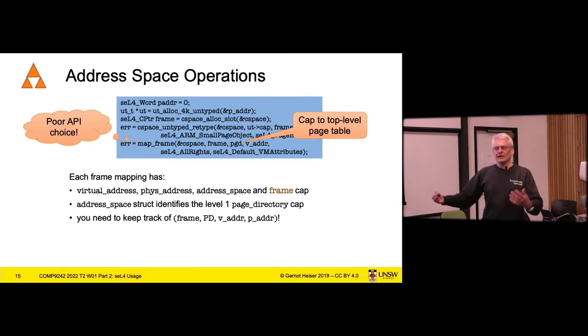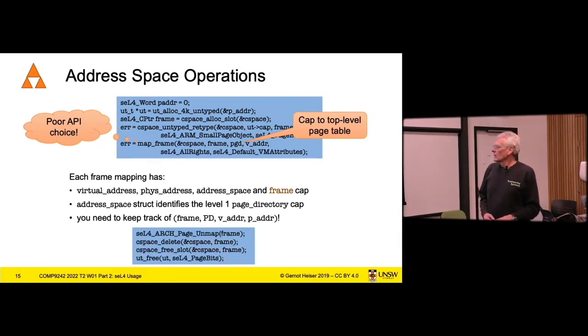But they map directly onto hardware page tables. But the important thing is you completely need to keep track of this, because that's the operating system's job, right? If you set up mappings, you need to make sure you keep all the information in order to undo them. So this is a significant source of complexity.